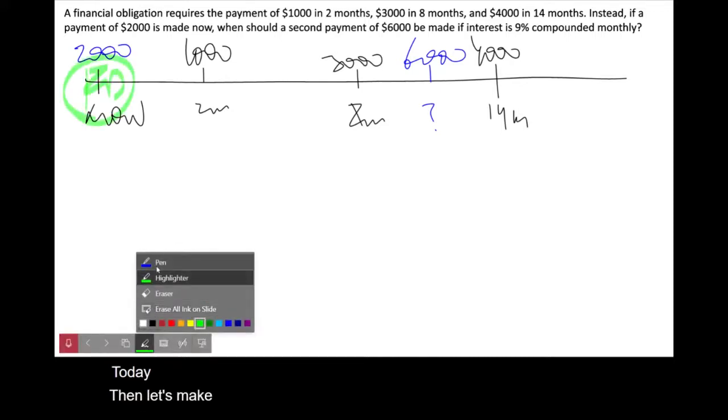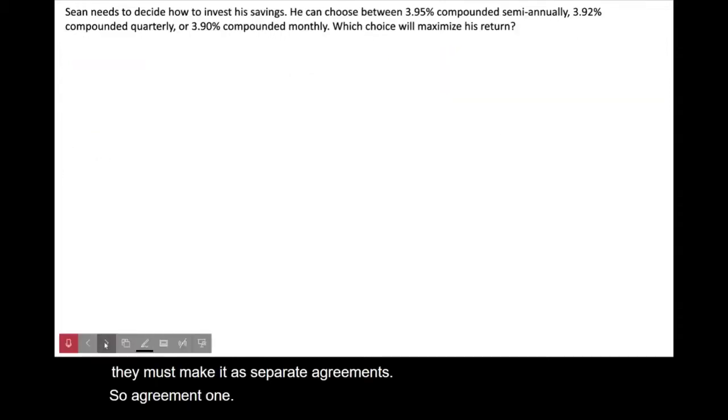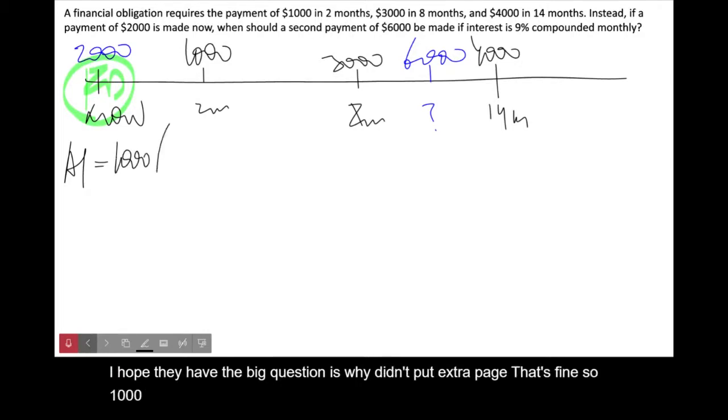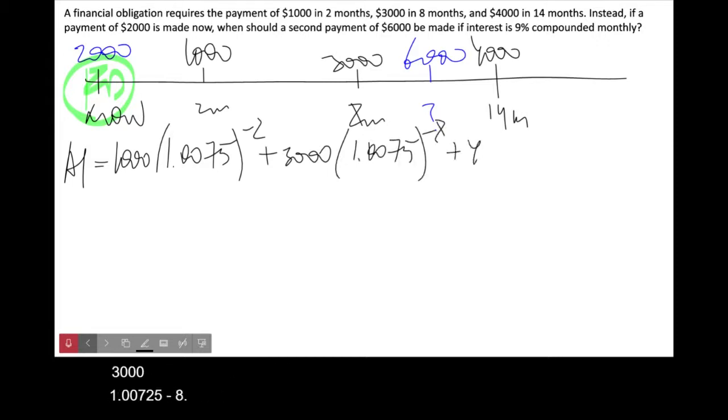Now let's separate agreements. So agreement 1. So $1,000 times 1.0075 to the minus 2, plus 3,000 times 1.0075 to the minus 8, plus 4,000 times 1.0075 to the minus 14.